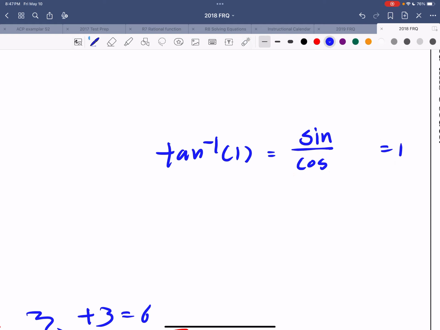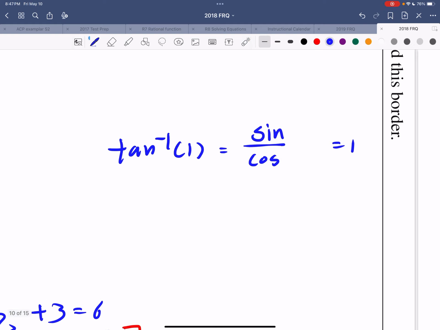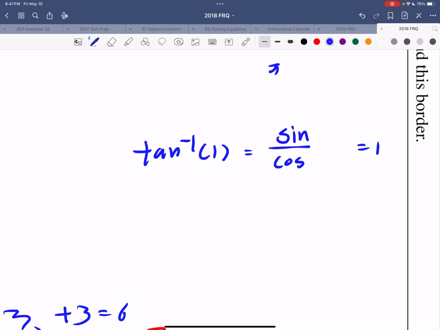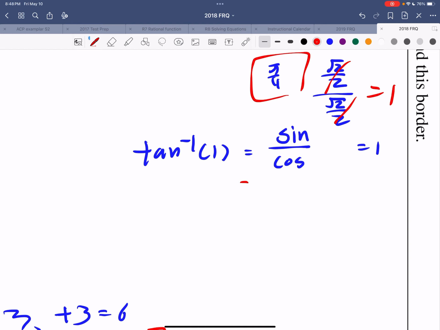When do they equal each other? Do you remember when pi over 4, they are square root 2 over 2 and square root 2 over 2? And obviously this one is gonna be 1. So this is gonna be pi over 4. Just like that, tangent inverse of -1 is obviously negative pi over 4. That's what you have to know.